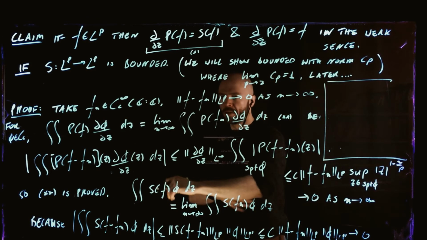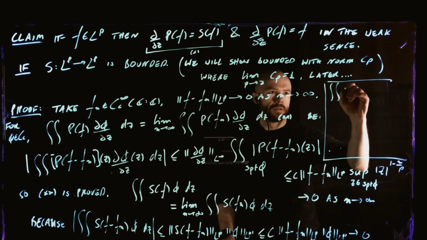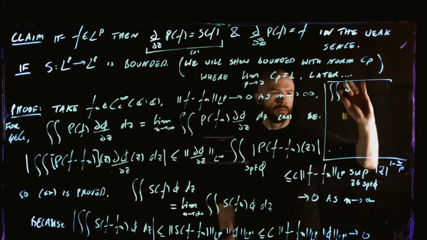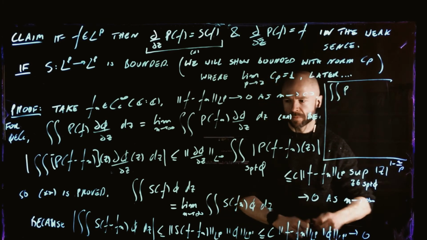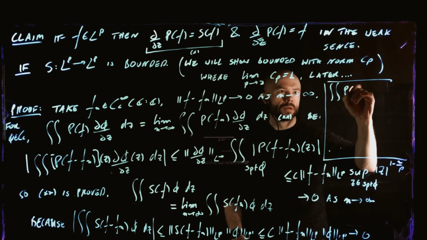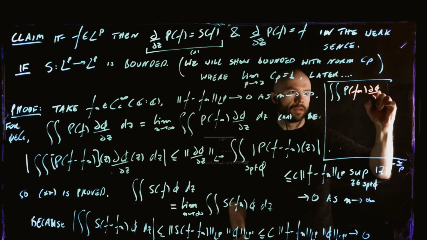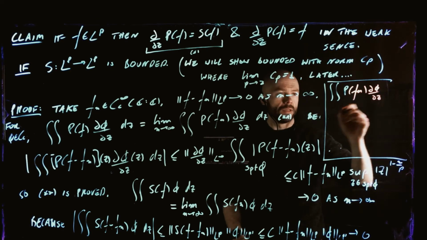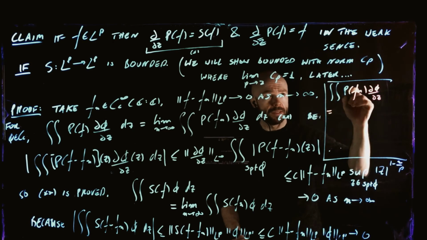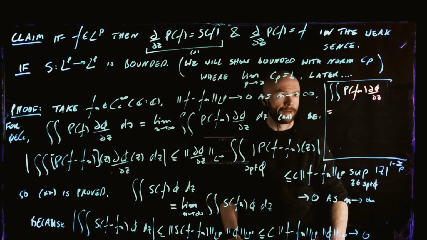Because once we look at this thing, then the double integral of P of Fn d phi by dz is, by integrating by parts, now we're in the world of things where we can integrate by parts.